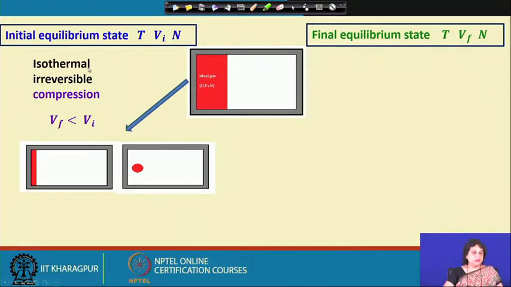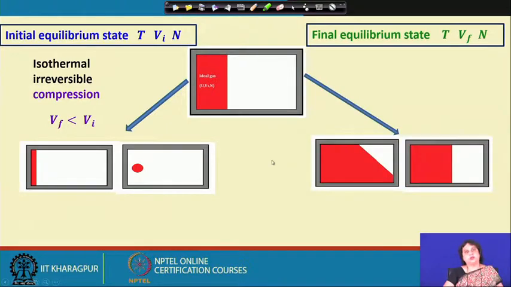It is isothermal because experimentally you do not see any change in temperature as you go from the initial to the final equilibrium state. It is irreversible, because this compression is happening against a zero external pressure. It is a constant external pressure. It happens rapidly and in a single step, and it is a compression because the initial volume is greater than whatever the final volume that we have drawn here.